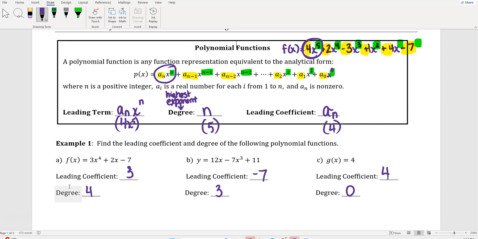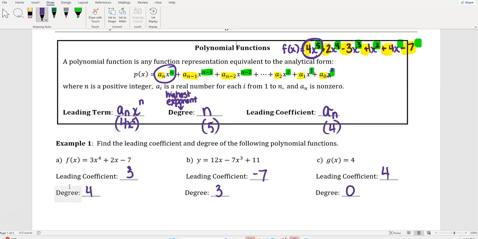That one looked good. On B, some of you had 12 as your leading coefficient. The leading coefficient sounds like it is the first term, but if the polynomial is not in standard form, then that's not going to be the case.